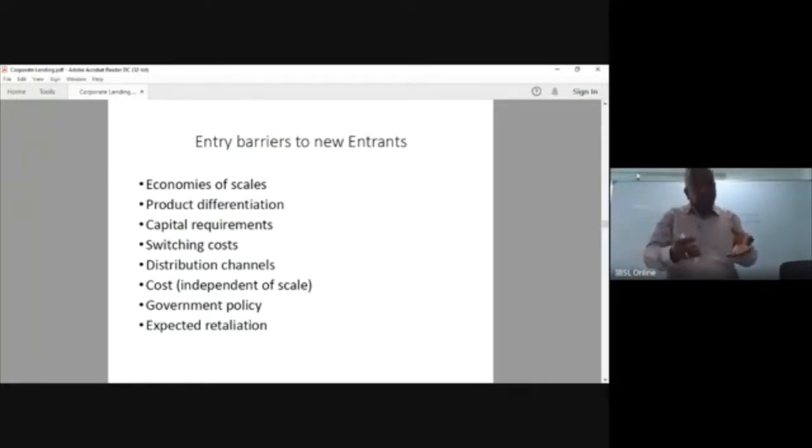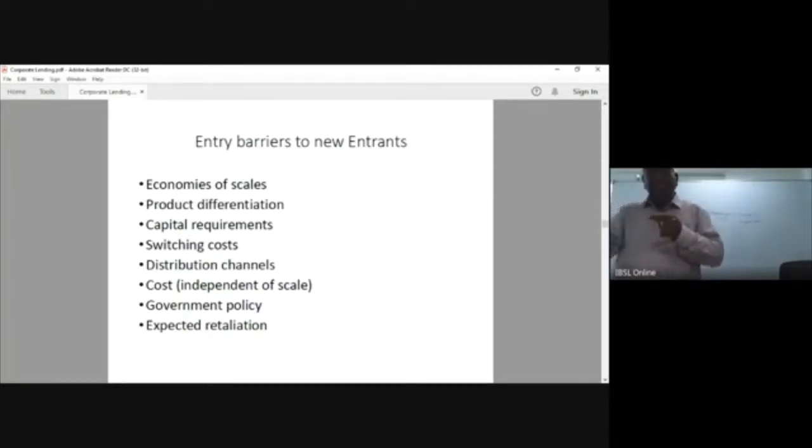When the new company comes, their cost of production per unit will be high because they have only just started producing. They may reach their optimum cost of production per unit, maybe they need some more time, but for now they won't be able to compete with the old companies. The old companies have achieved their economies of scale.